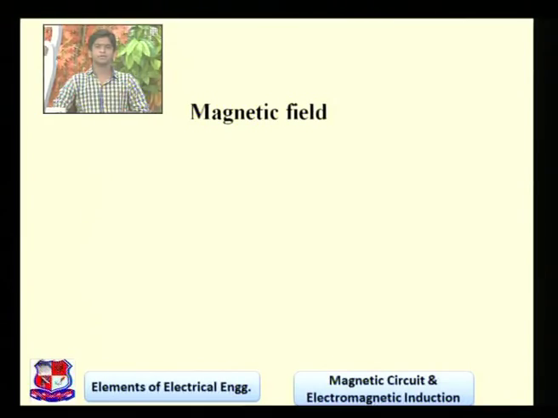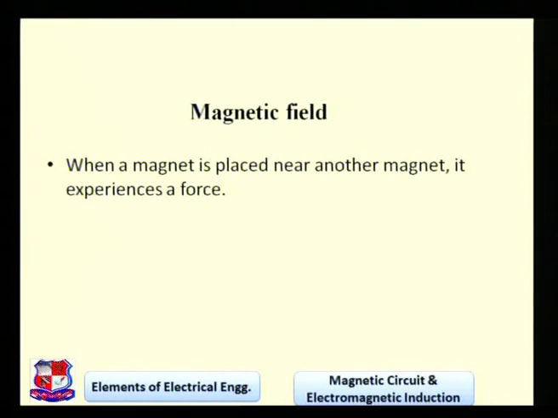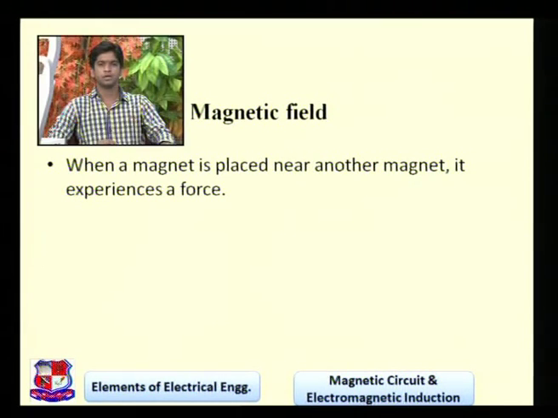So friends, in the electrical field we saw that there are electrical field lines. Same in the magnetic field, there are magnetic field lines. When a magnet is placed near another magnet, it experiences a force. The force can be a repulsion force or an attraction force.